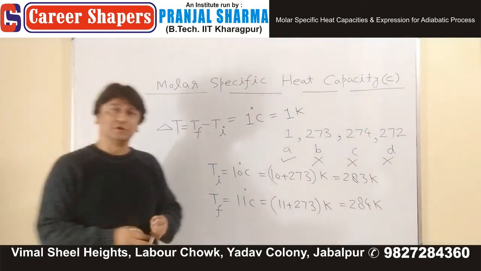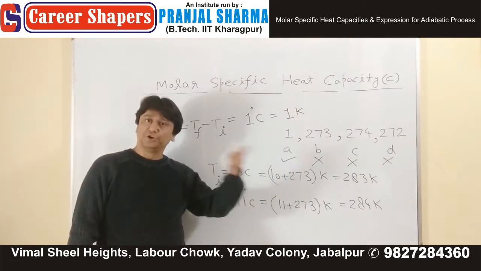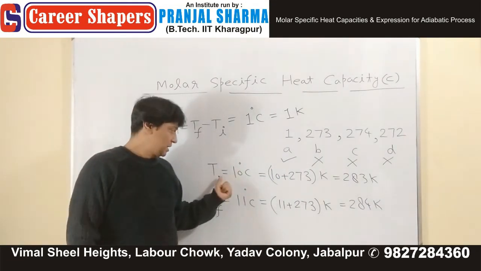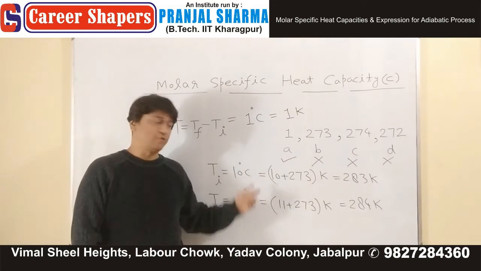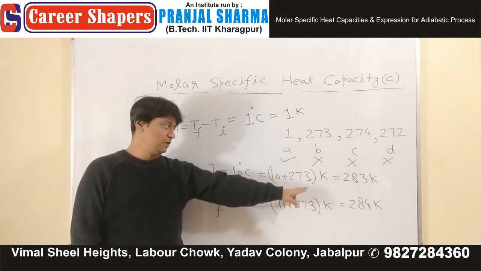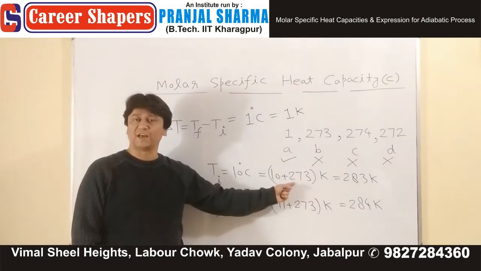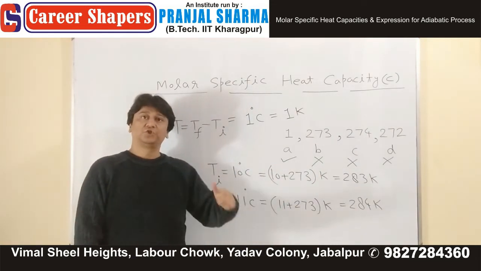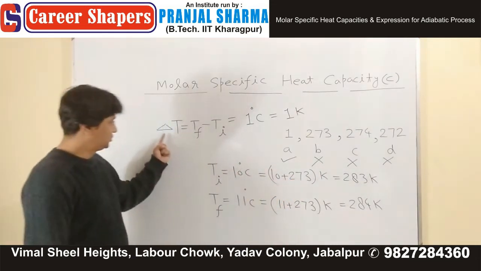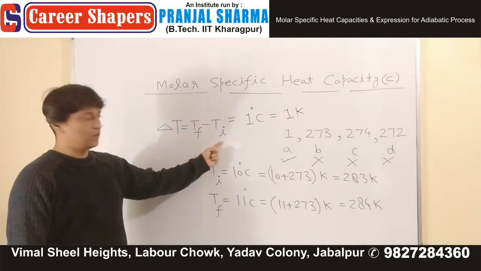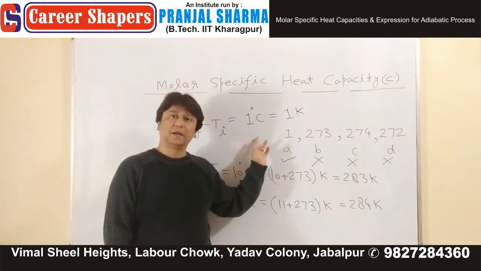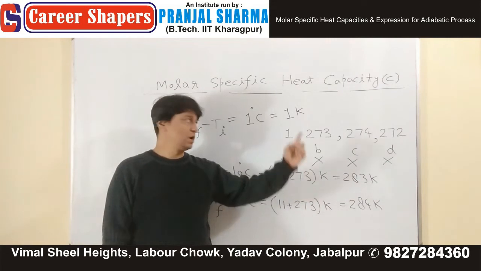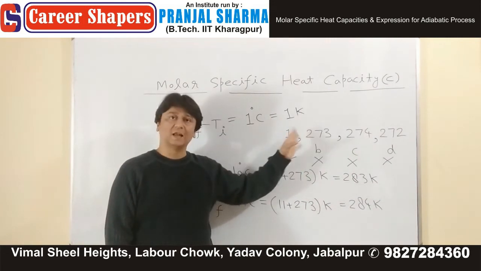Now remember this. When you convert temperature from degree Celsius into Kelvin, you need to add 273. But change-wise, 1 degree Celsius is only 1 Kelvin.